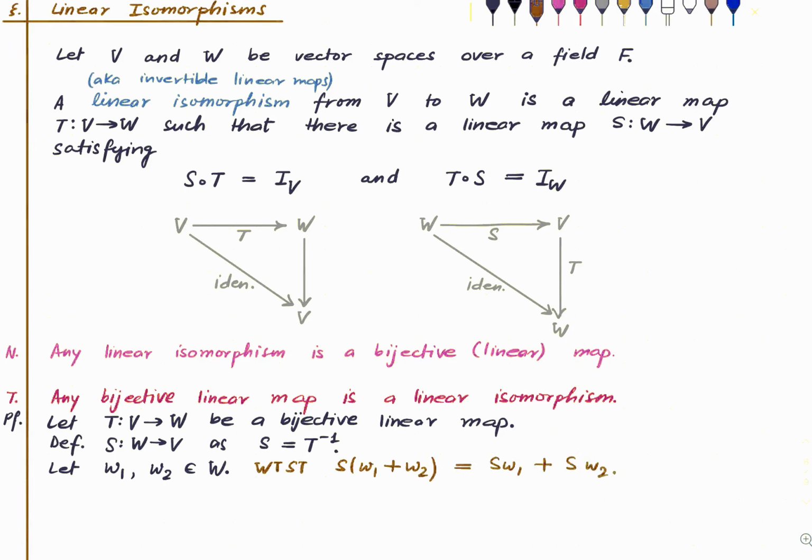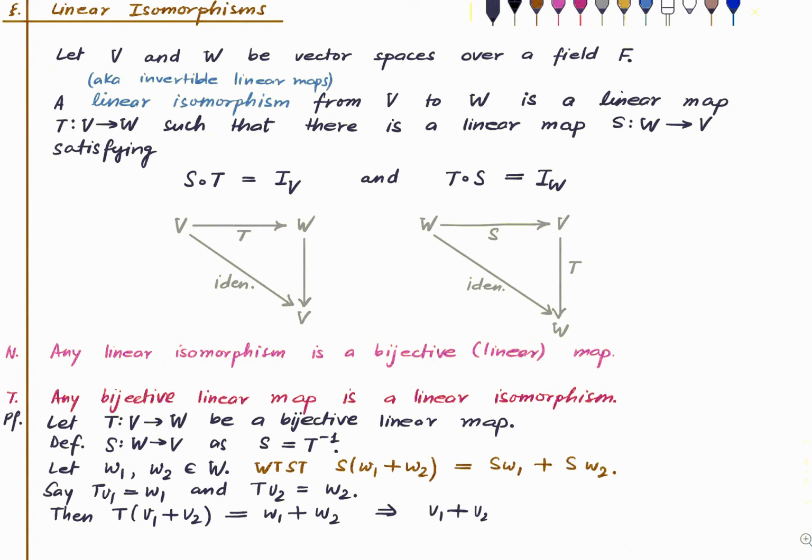Since T is a bijective linear map, it is in particular surjective. So say T(V1) is W1 and T(V2) is W2. Then by the fact that T is linear, T(V1 + V2) is W1 + W2, and therefore V1 + V2 is S(W1 + W2).